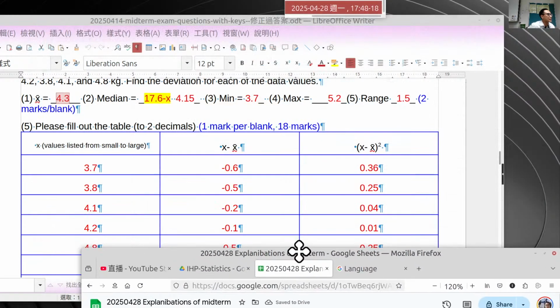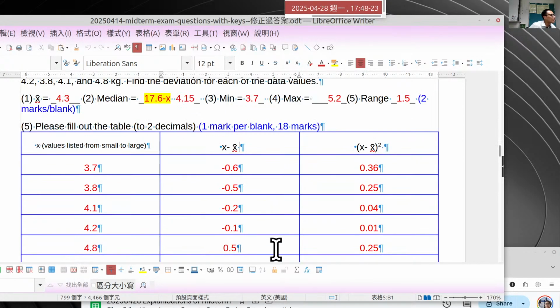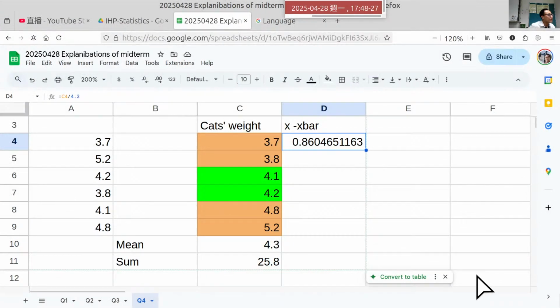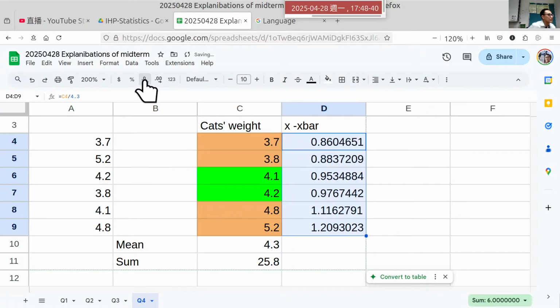Here I ask you to write down 2 decimals, right? Drag it to get all the answers, select the range, and decrease decimal places. Okay, here is the answer.